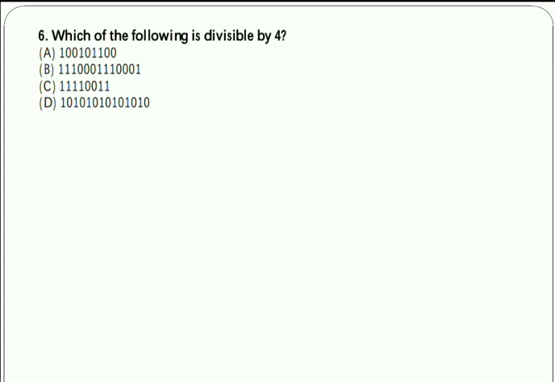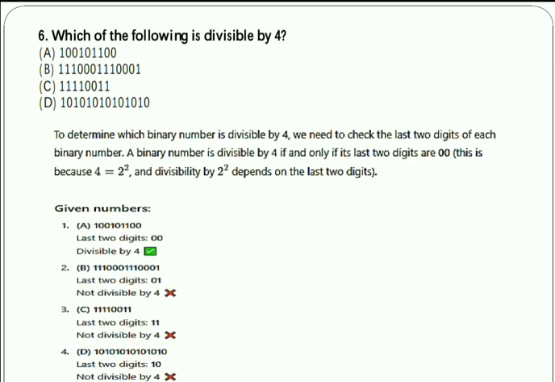Next one. Which of the following is divisible by 4? To determine which binary number is divisible by 4, we have to check the last bits here. If the last 3 bits are 1, 0, 0, then it is obviously divisible by 4. From the given options, only option A has the last 3 bits as 1, 0, 0.